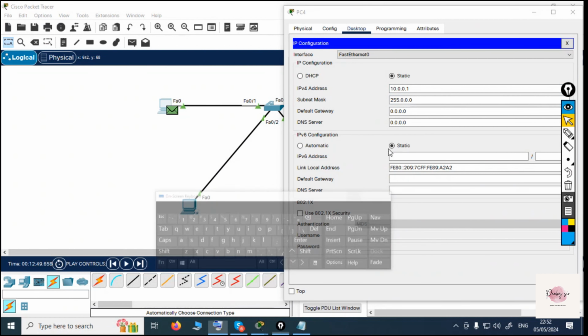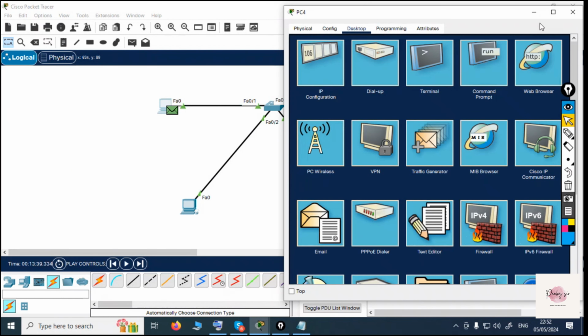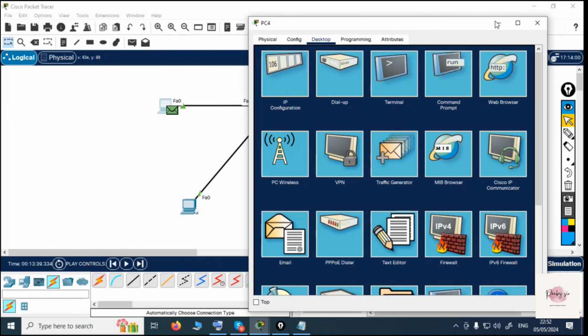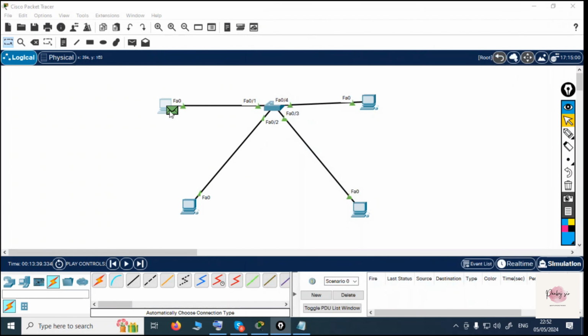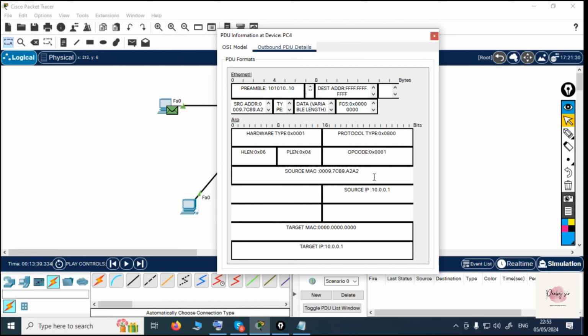No sooner did I configure the IP address on this PC than it generated an ARP request. Now you can see. Let's go inside and see what is written as the target IP address.